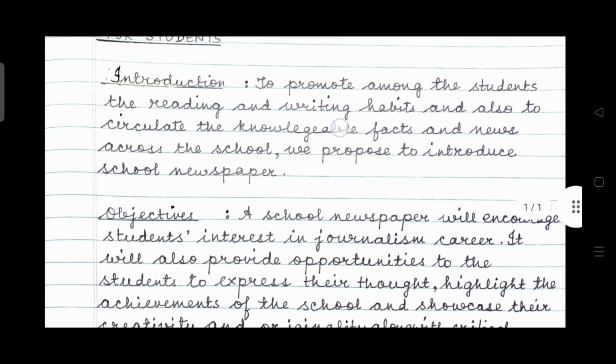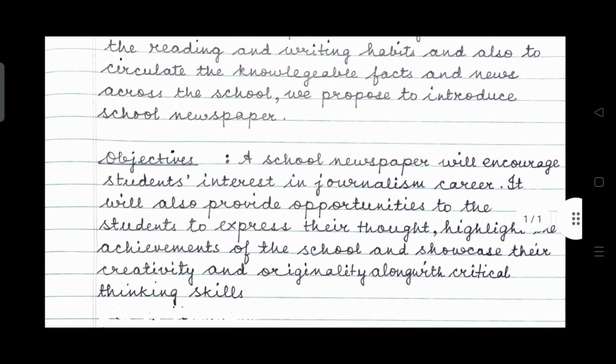Leave one line and write objectives. Again, you may mention the term objectives, you may not mention the term objectives. No problem. A school newspaper will encourage students' interest in a journalism career. It will also provide opportunities to the students to express their thoughts, highlight the achievements of the school and showcase their creativity and originality along with critical thinking skills.